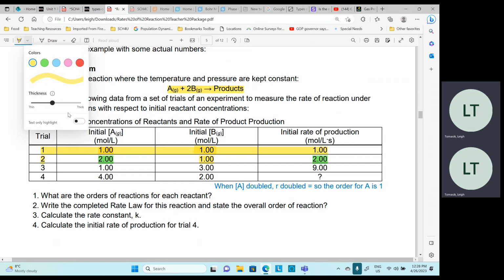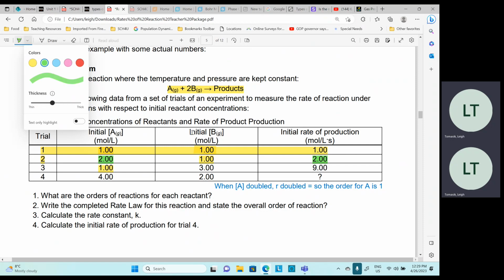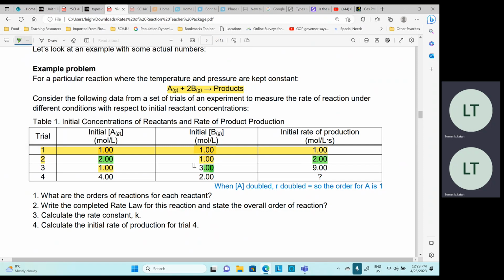So if you look at trial 3, you can see A is the same between trial 1 and trial 3. And you can see that we changed the concentration of B by a factor of 3. But the rate went up by a factor of 9.